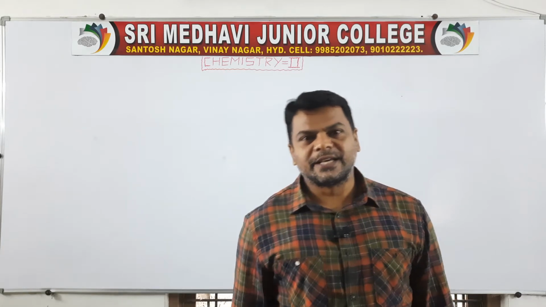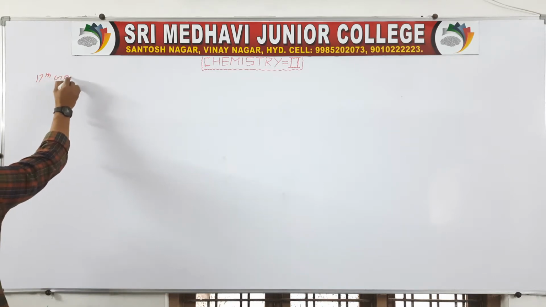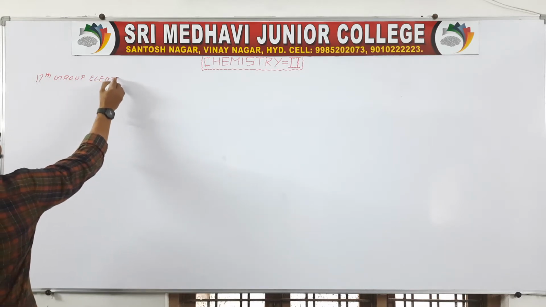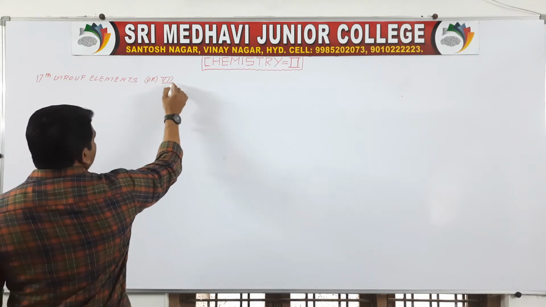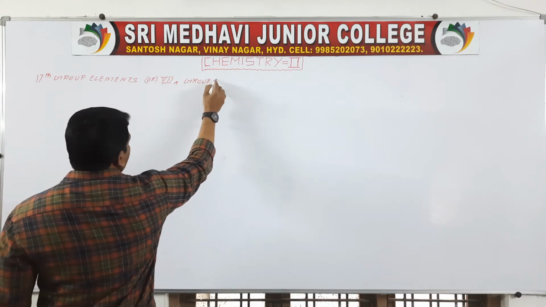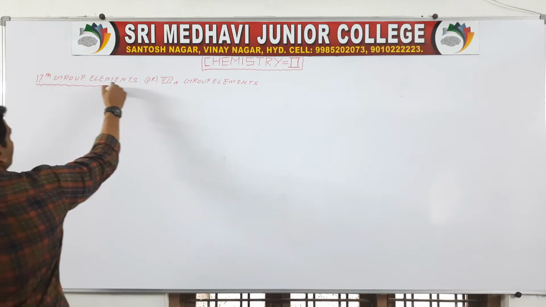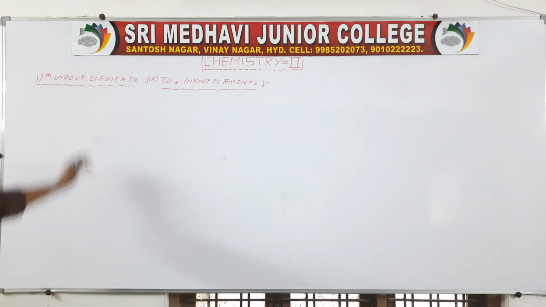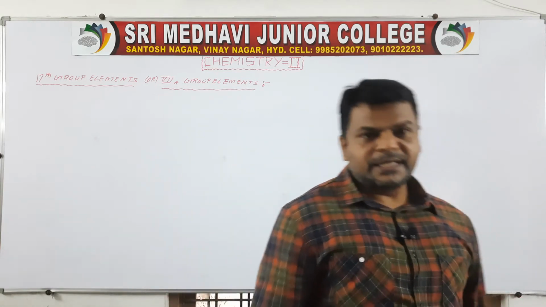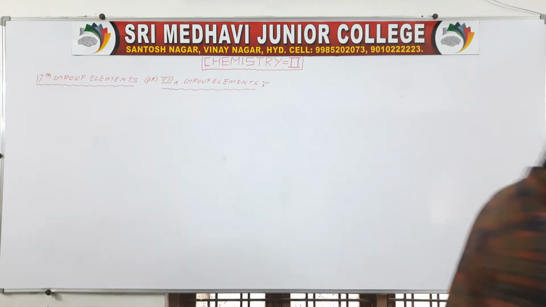In the previous class, we finished 6A group elements. 7A are the 17th group elements. The 17th group is the IUPAC name, and 7A is the group number. Here, we are going to discuss what elements are present, what their chemical reactivity is, and what elements we are going to prepare in this class.